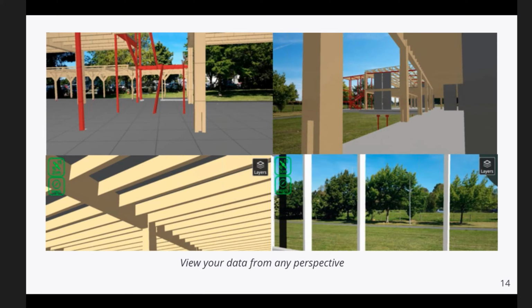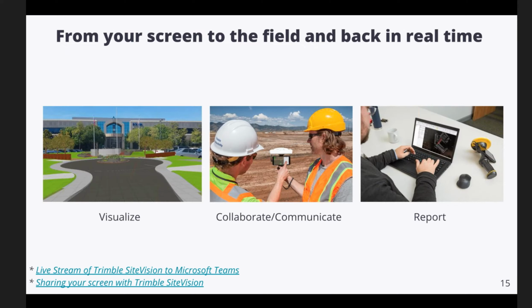With SiteVision, you can view your 3D models overlaid on site from any perspective, inside and out as well. It is a tool that allows you to bring your beautiful 3D models from your screen to the field. It can be used for visualizing your work on site, collaboration and communication amongst the different stakeholders, and reporting.